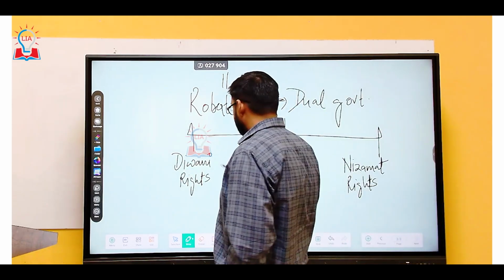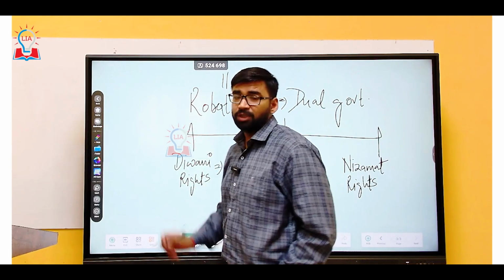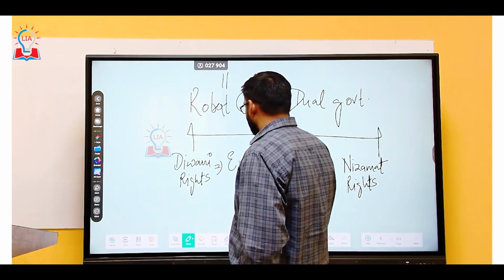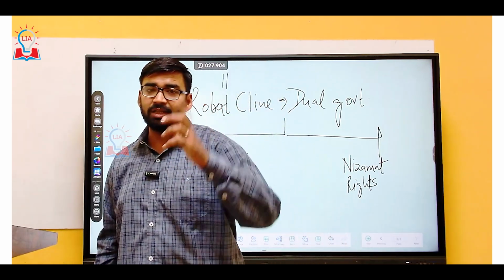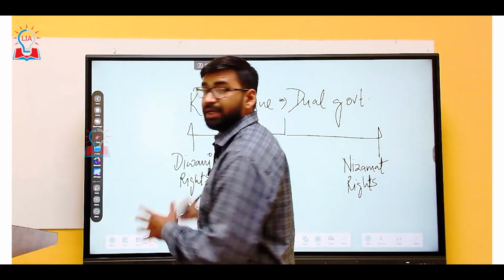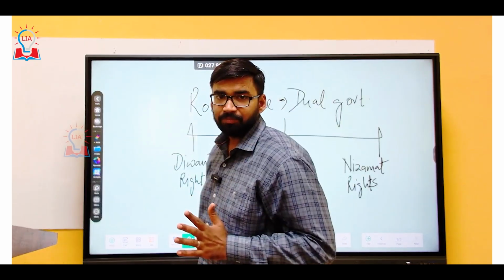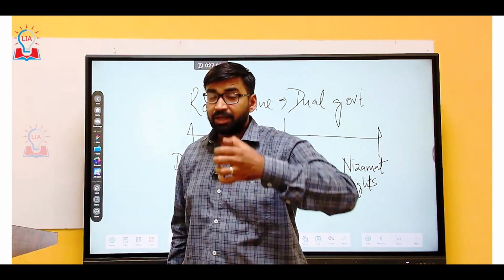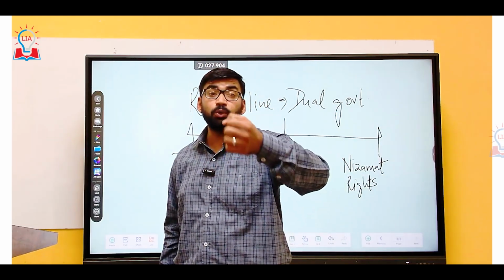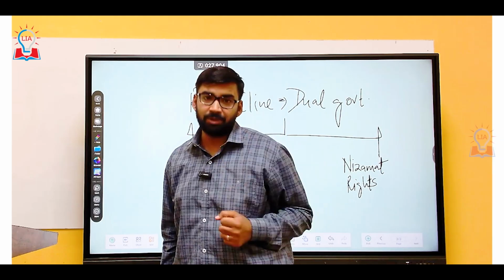Diwani rights were given to East India Company. That means the right to collect the revenue was given to whom? East India Company. That means from 1765, revenue rights were given to the East India Company.